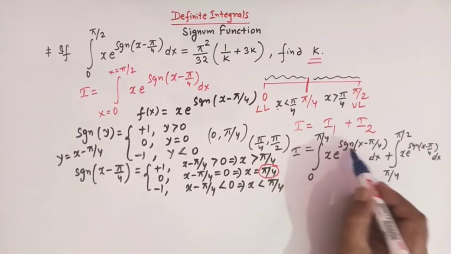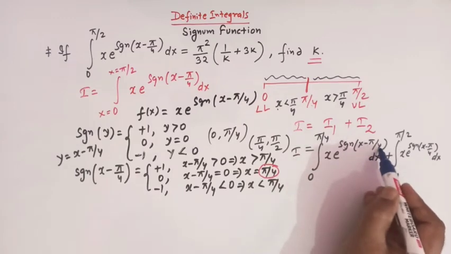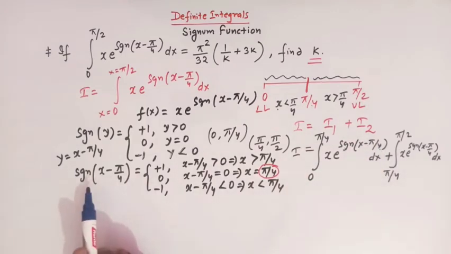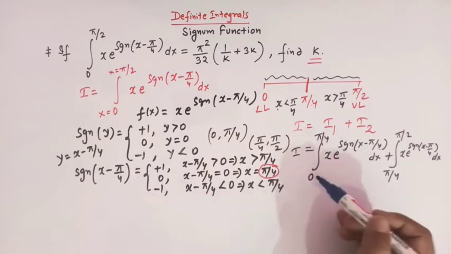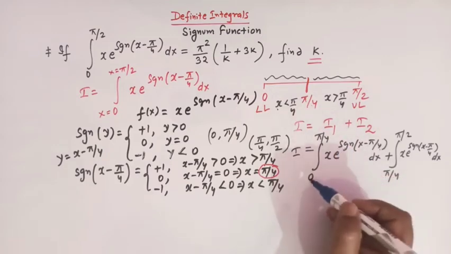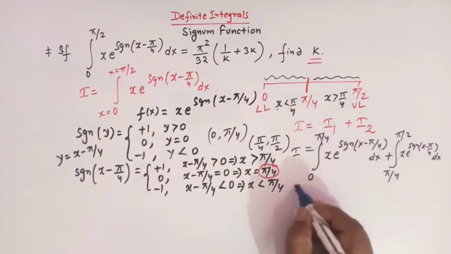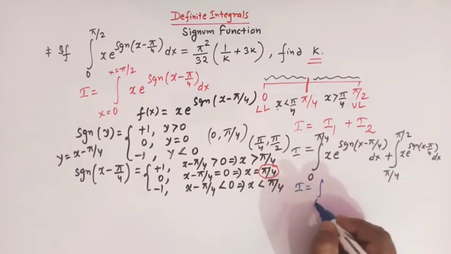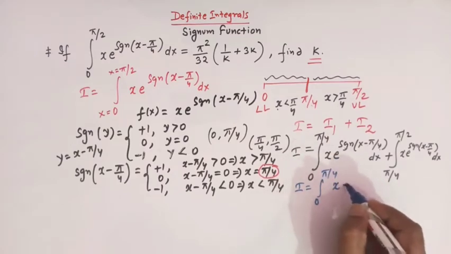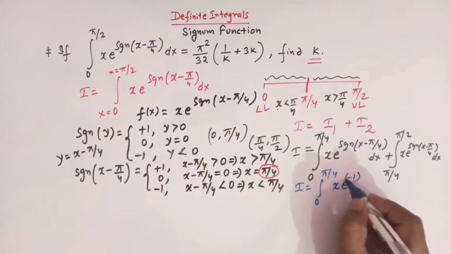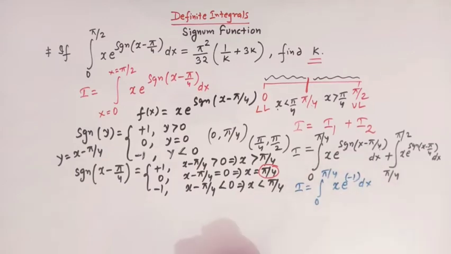So now here sgn(x − π/4) will take the value −1, because x is less than π/4. It means we are between 0 and π/4, so we have I1 equal to the integral from 0 to π/4 of x e^(−1) dx, right?